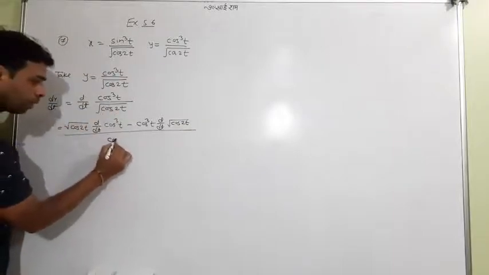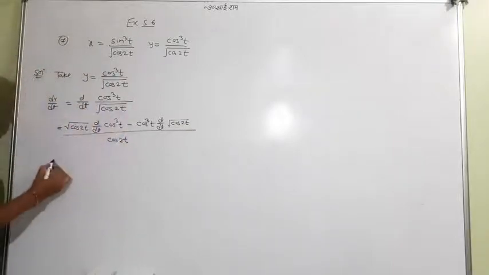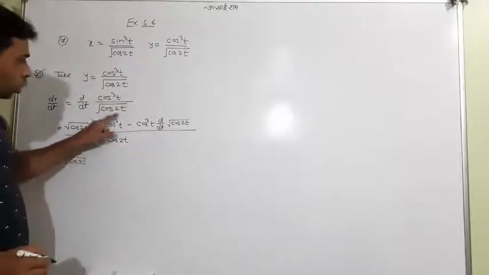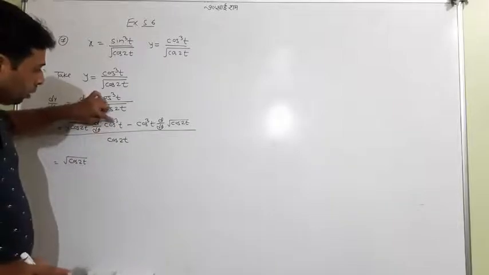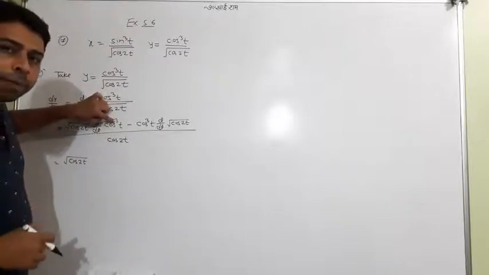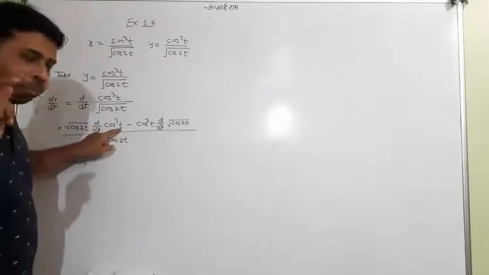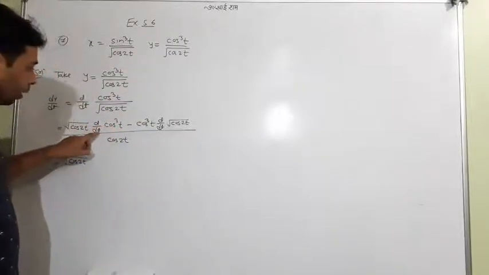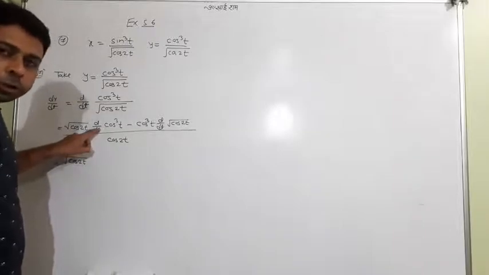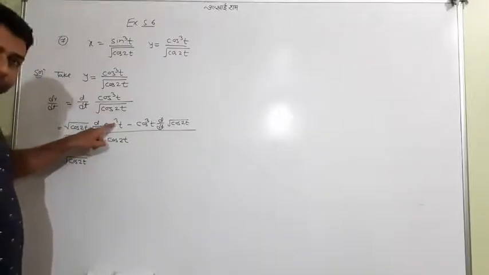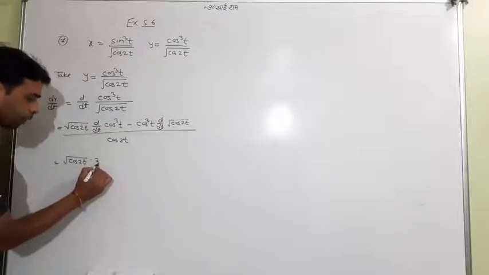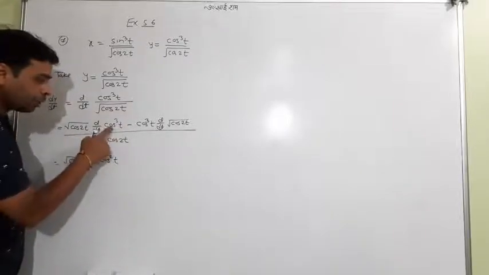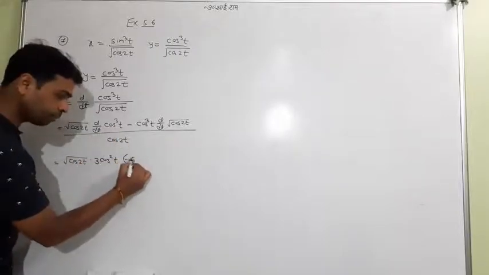So the square will definitely remove the sign. Now what to do? Cos 2t, d by dt of cos cube t, chain rule. First 3 will come in front, meaning the power, and then cos t. So keep in mind, don't do the third differentiation of t, because the differentiation is with respect to t. That's why first will be the power and only cos t. So the power will come in front, 1 will reduce, and again the differential of cos t is minus sin t.